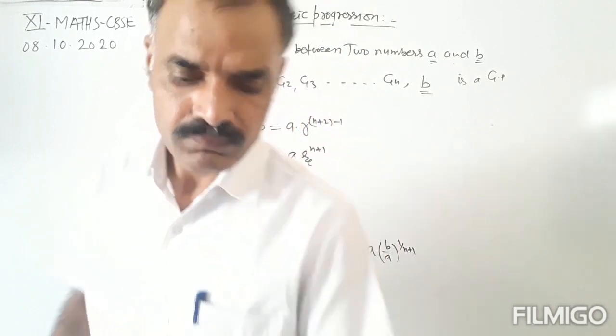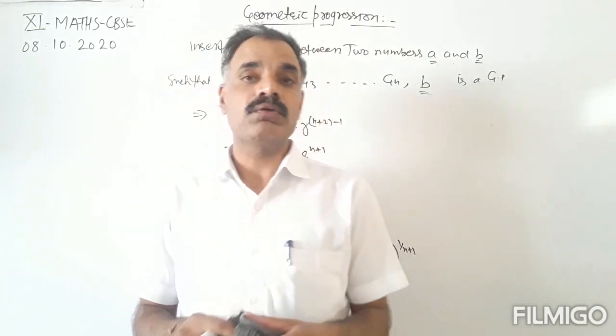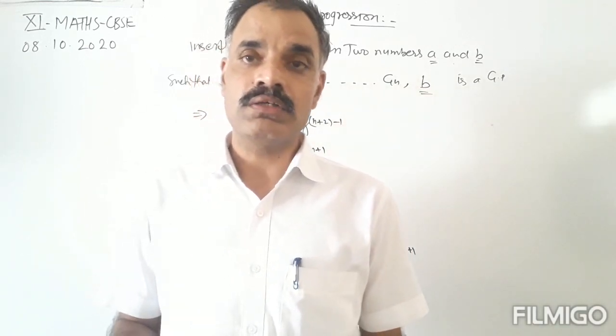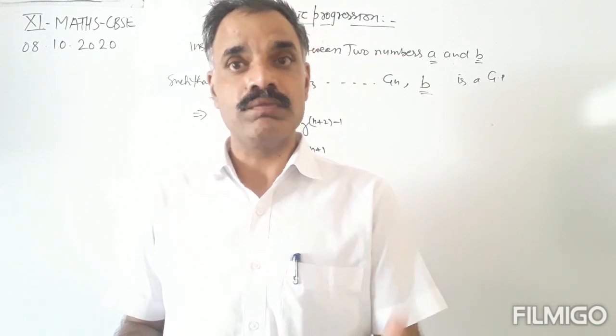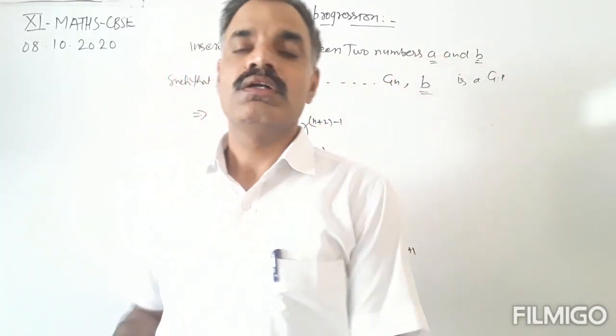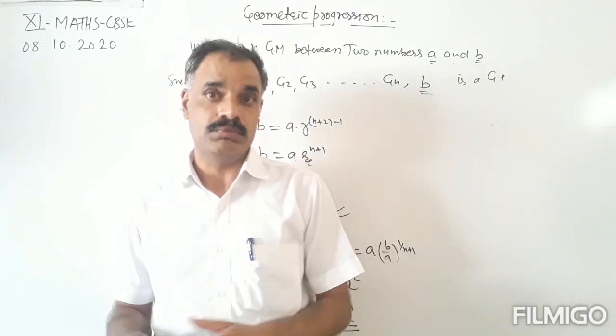Okay, so these are some of the important topics of geometric progression: the general term, sum of n terms, common ratio, and inserting n geometric means. Inserting n geometric means between two numbers is the most important one.